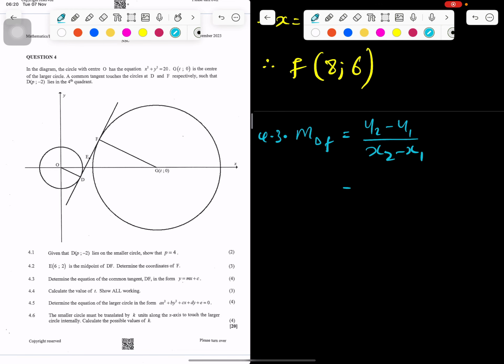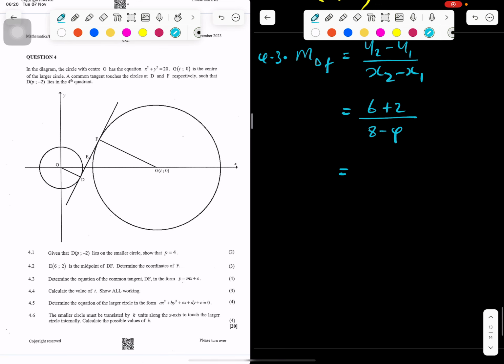Okay, so DF, this should be 6 minus negative 2 is plus 2 there, over 8 minus 4, and we get the gradient as 8 over 4, which gives us the value of 2.